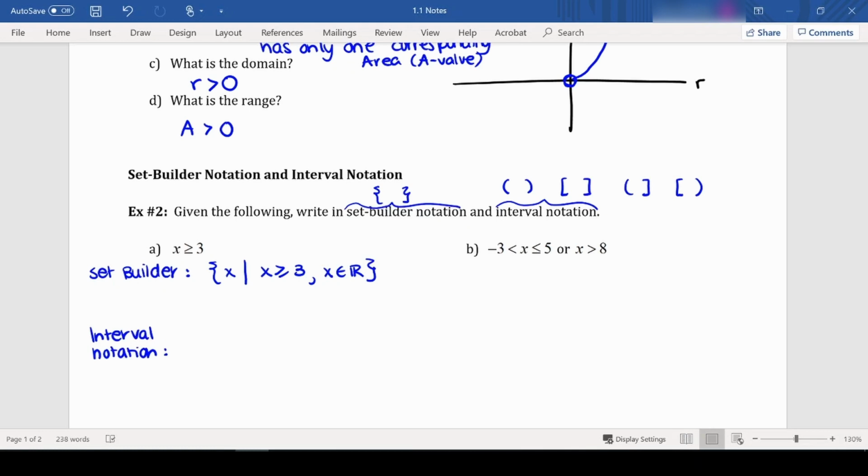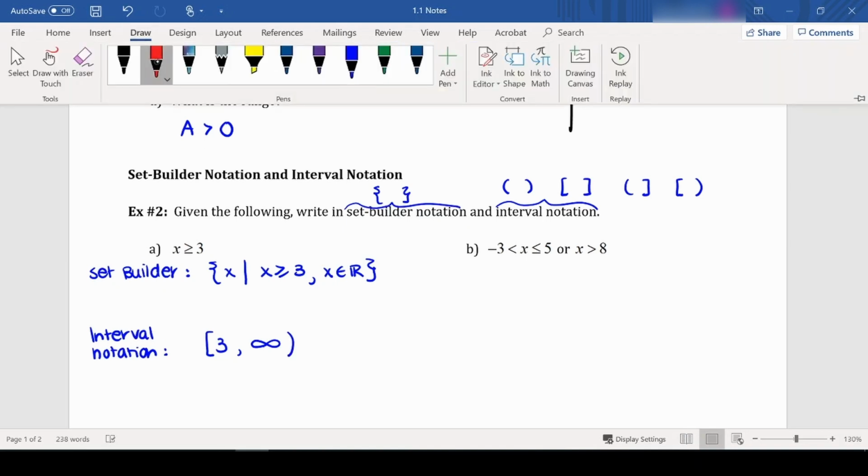So you always start with the smallest number and build up to the biggest number. So our smallest number allowed here is a 3. We can include 3 because of the "or equal to." So we're going to put a square bracket here. And this is going to go up to infinity. It goes forever, and you cannot include infinity. You can never reach there, so you're not going to include that.